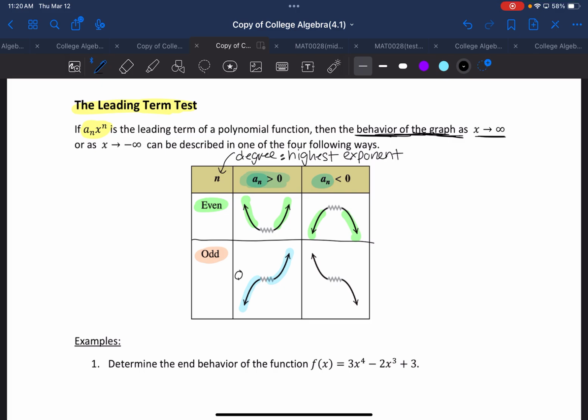If I put a stick man on here, it's increasing, and then it's increasing here. And then if the leading coefficient is negative and the degree is odd, then it'll just be going the opposite way. It's decreasing from left to right.